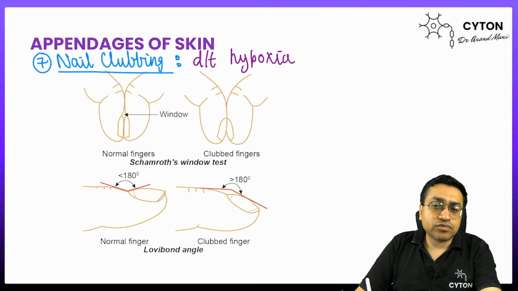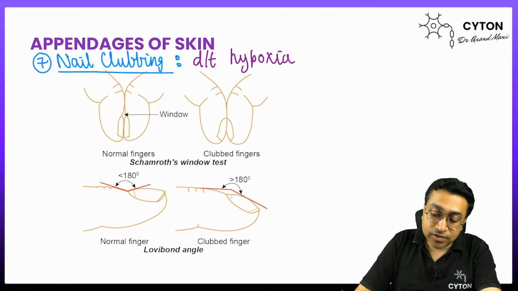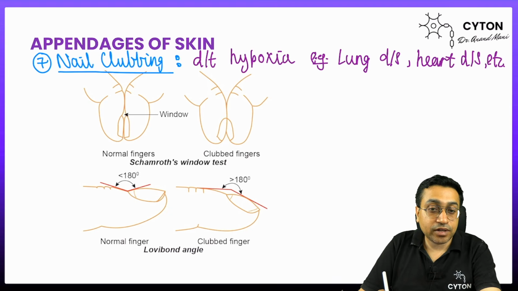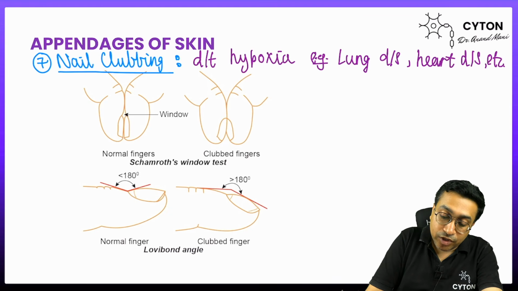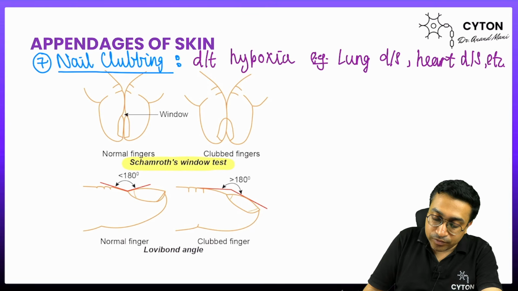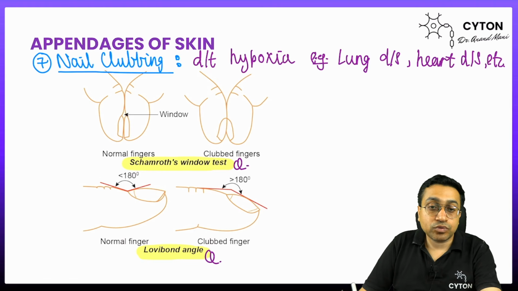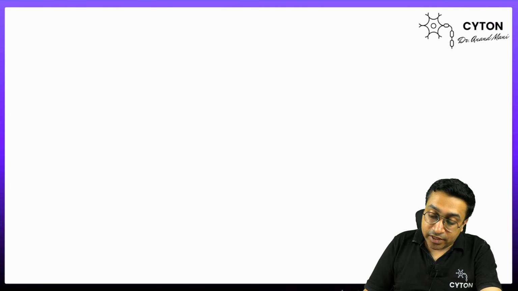So any disorder with prolonged hypoxia, for example any kind of chronic lung disease, certain heart diseases, etc. There are a lot of things you will study in detail. Then you have the Shamrock's window test, which I just told you, and the Lovibond angle, which are clinically asked in your viva and MCQs also. Then we come on to the entity that is the hair.